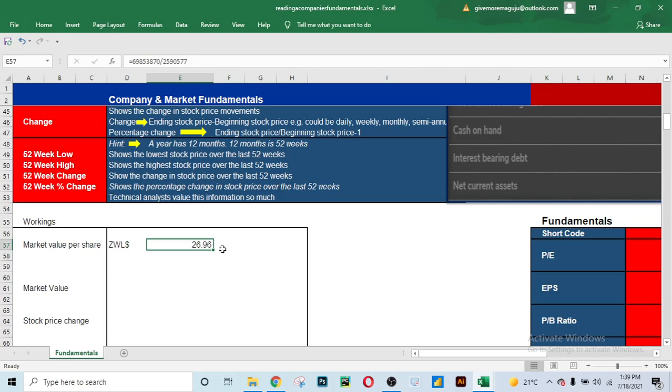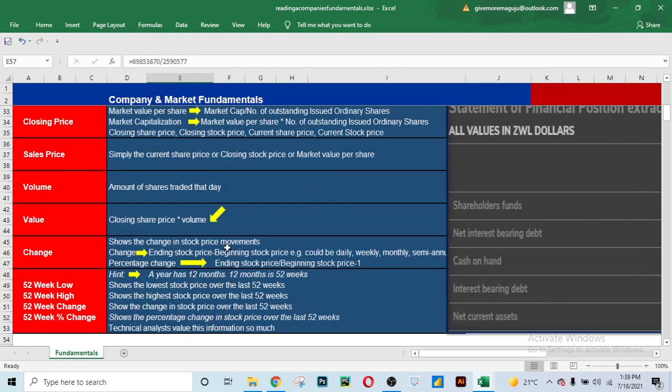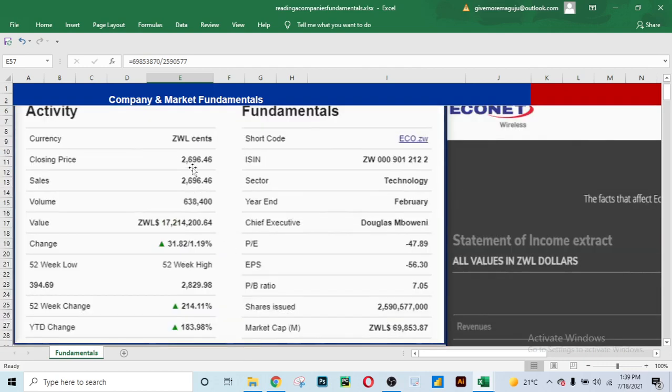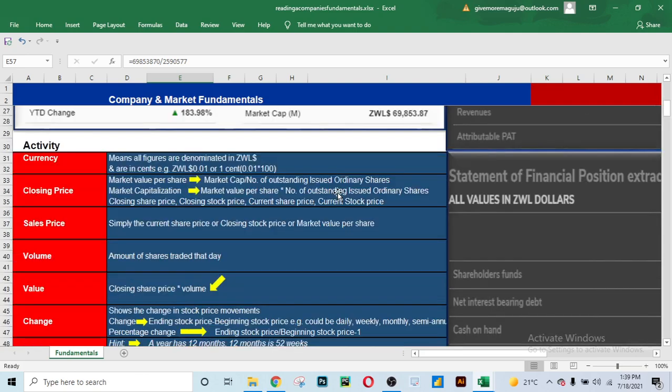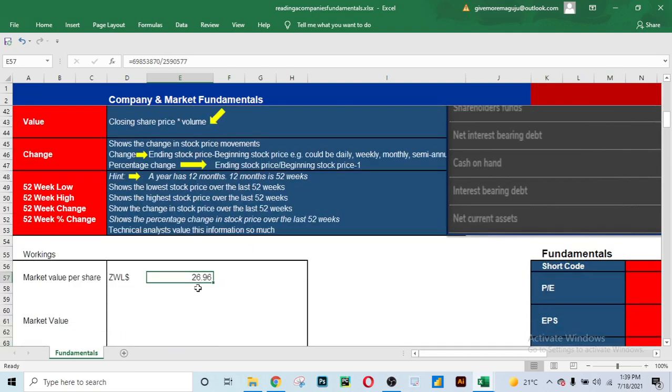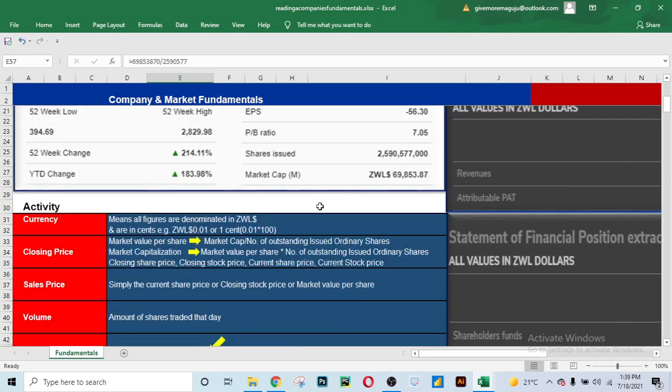So we need to convert this to cents, because if we come up here, we see the closing share price is 2696.46, which is in cents. Here it's in dollars, like I showed you, and if you want to convert dollars to cents, you have to multiply by 100.